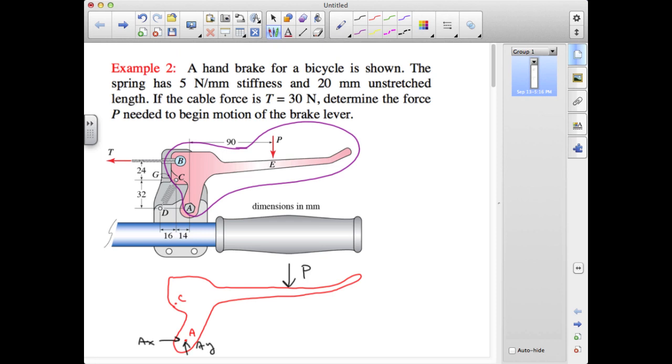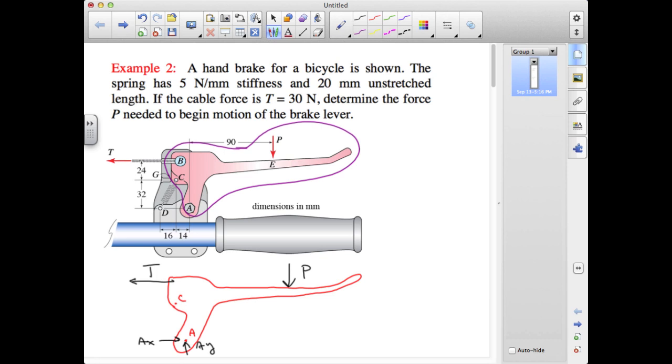We have the tension at B, and then we've got the force exerted at C by the spring. Now, let's note that the problem statement tells us the spring has a 5 Newton per millimeter stiffness and a 20 millimeter unstretched length.